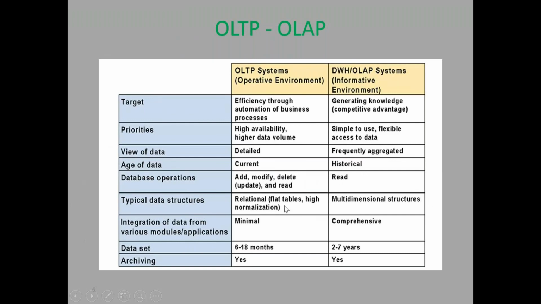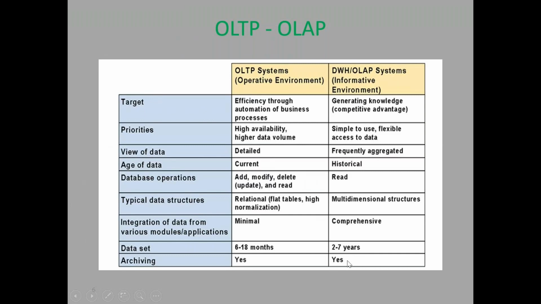OLTP has high normalization, while OLAP could be a multi-dimensional structure, with only minimal normalization and comprehensive data integration. In OLTP the data volume is 6 to 18 months, after which the data is removed, but in OLAP almost 10 years of data is available for reporting and analysis. Archiving is supported for both.